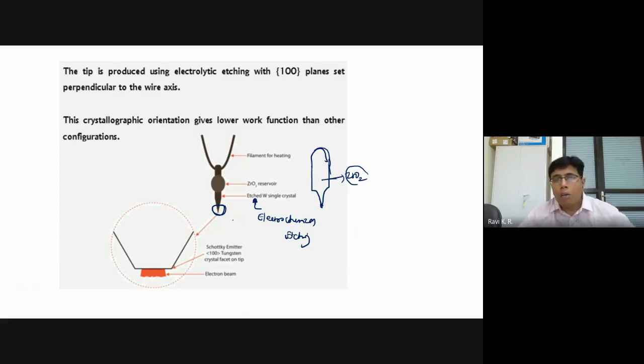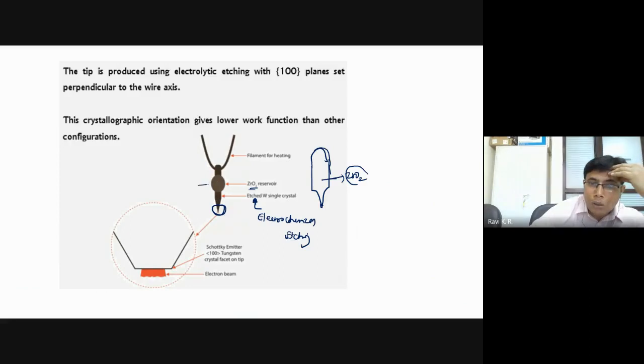But that can't be done for this ZrO2. Again, handling this ZrO is not that easy. These are very brittle materials. So these are the two reasons why we don't use ZrO2 as a filament, rather we use it as a coating material to again pull electrons.